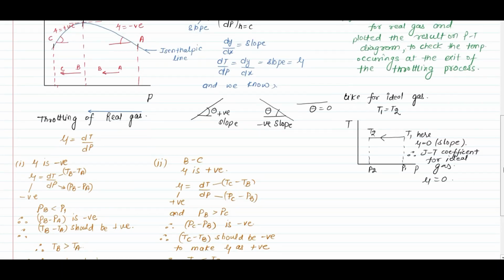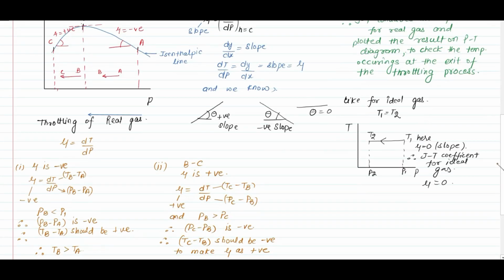Seeing the temperature behavior in the PT diagram, we notice that in the AB region temperature is increasing. So we can write T is increasing and we can say it is a heating region. And in the BC region temperature is decreasing, so we can say that it is a cooling region.